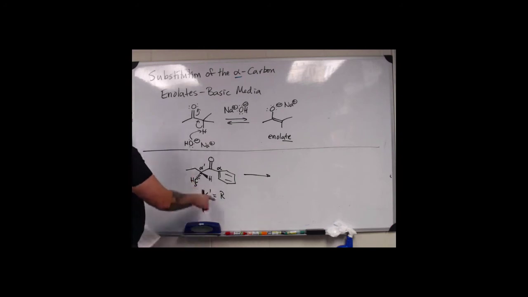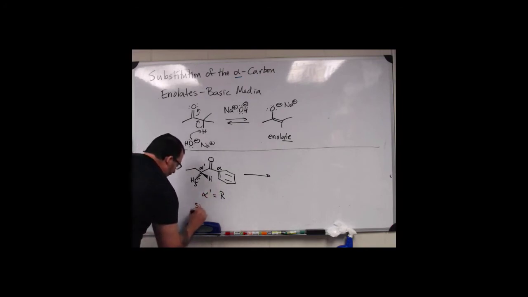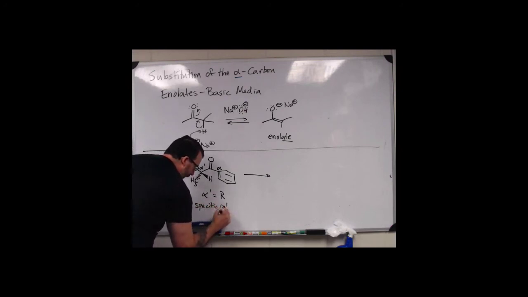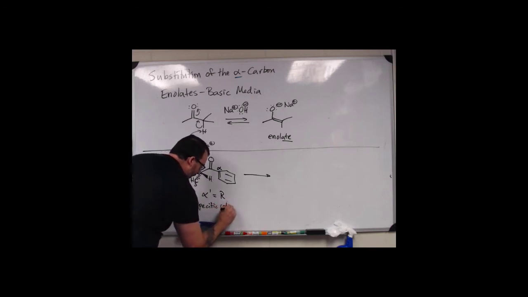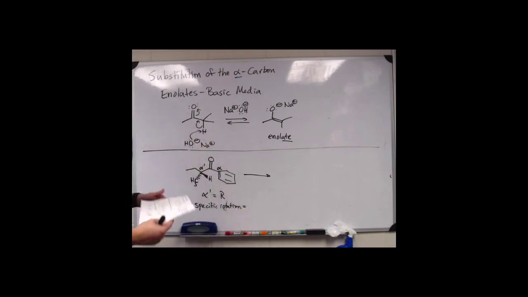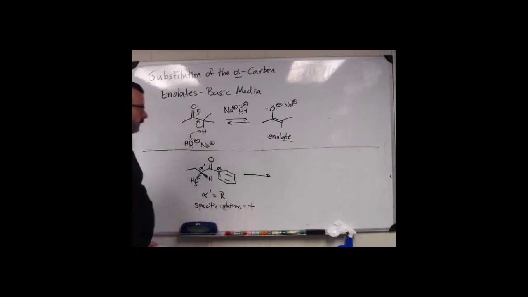And if you're starting with this specific compound, the specific rotation as measured experimentally is plus. So you take this, you make a solution, you put it in a polarimeter, you get the dextrorotatory sign.